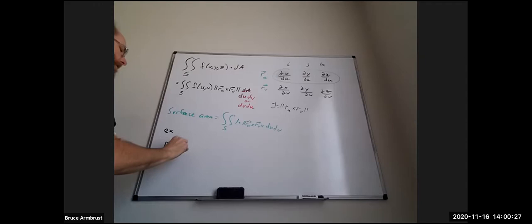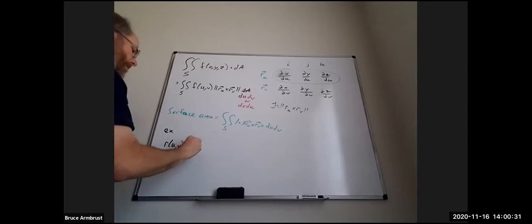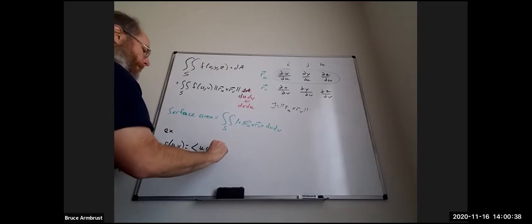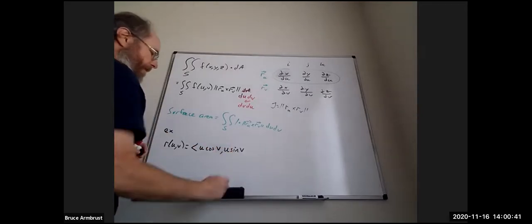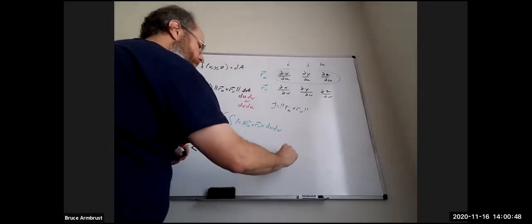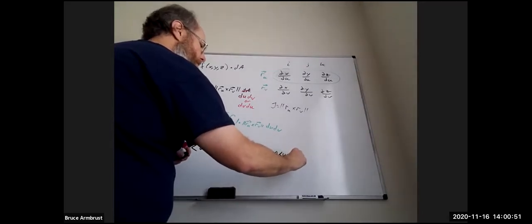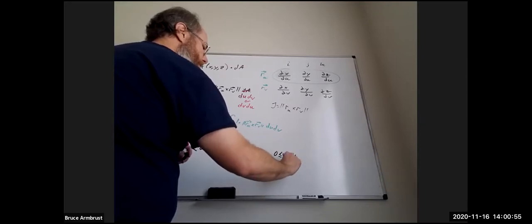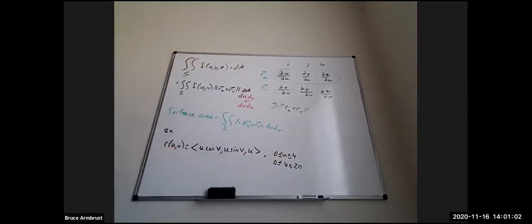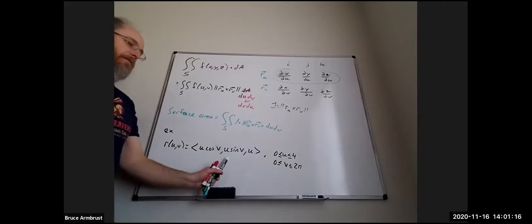We're going to let R(U,V) equal U cosine V, comma, U sine V, comma, U. And let me give you some restrictions on the U. And on the V. So before we go and find the surface area, I want you to see if you can figure out what that shape looks like. So what does this shape look like?